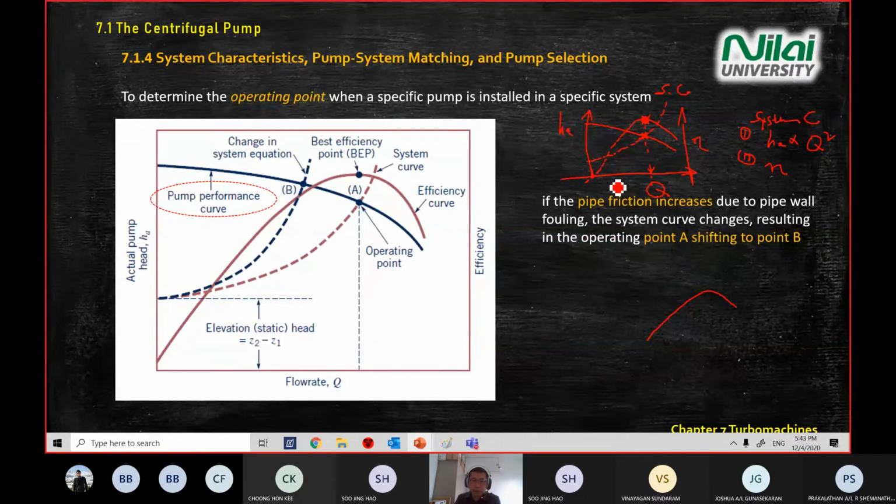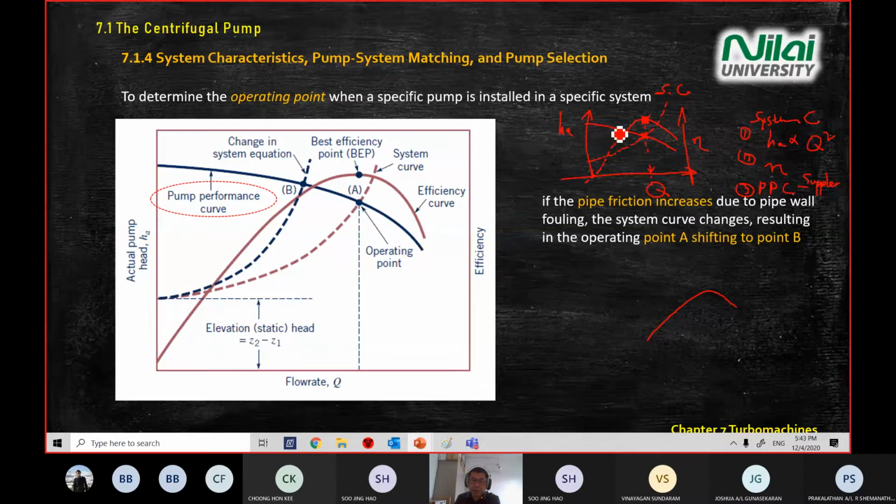So you overlap the graph with the efficiency line. Then you look at the peak, and you drop down to get the Q. And then the next one, you look at the pump performance curve.